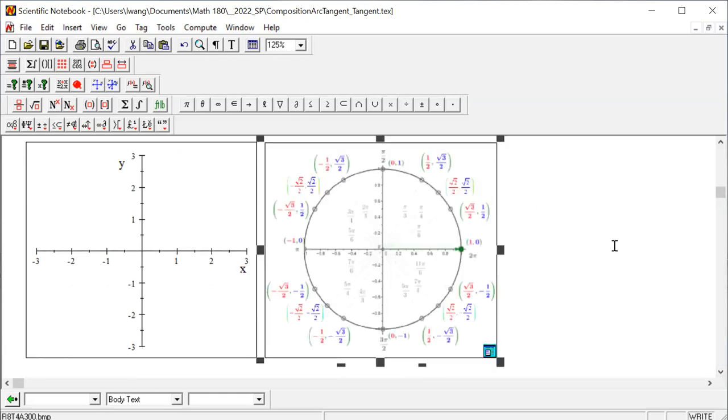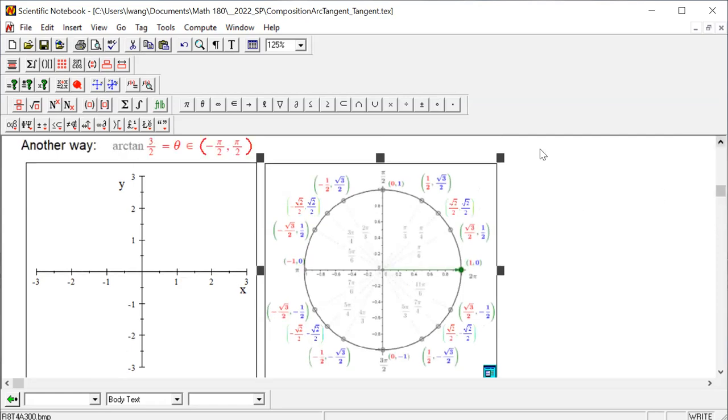You see tangent, arctangent range is from negative pi over 2 to pi over 2. In other words, whatever you get, the output we're getting is going to be either measured from standard position to negative pi over 2, almost touches negative pi over 2, not including negative pi over 2, or measured from standard position to positive pi over 2, just a little short of it, not including pi over 2, okay?